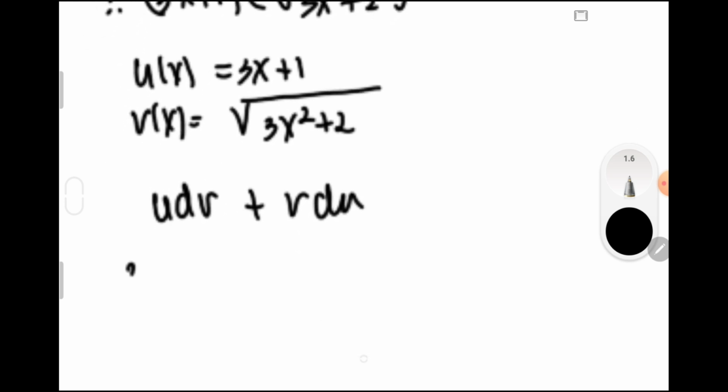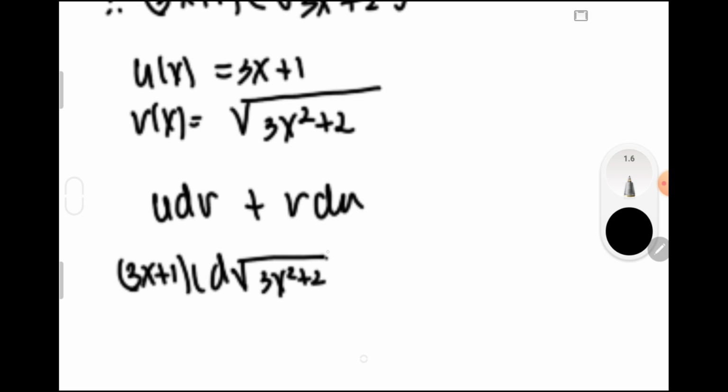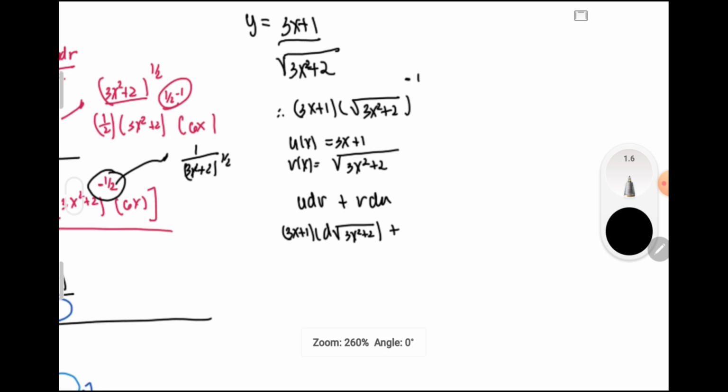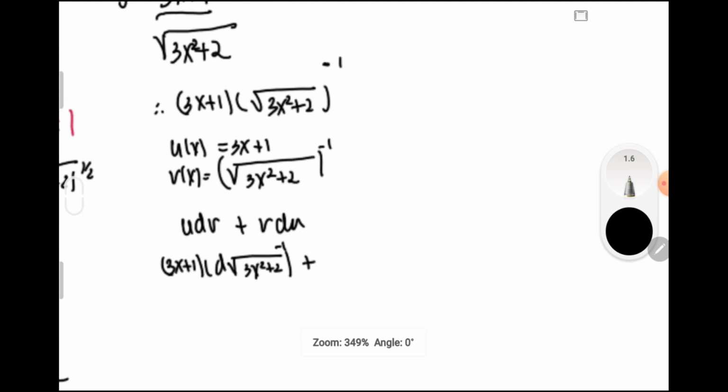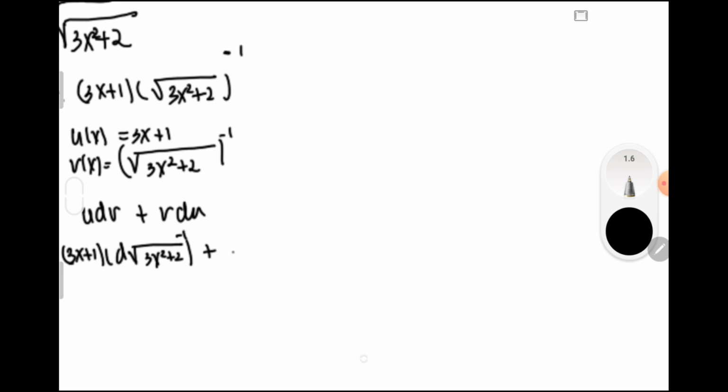Wherein our u will be 3x plus 1, multiplied by the derivative of our square root of 3x squared plus 2 raised to negative 1, plus our v, which is equal to 3x squared plus 2 square root raised to negative 1, and then the derivative of 3x plus 1 with respect to dx, of course.